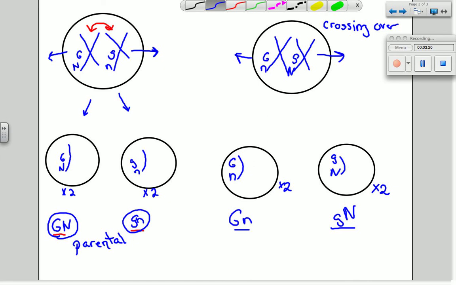Because these gametes reflect that, they're considered the parentals. Now the other 2 gametes, here and here, do not look directly like the original parent. Capital G is paired with lowercase n, which is not found originally in the parent. Lowercase g is paired with capital N, not found on the original parent. Because these are the results of crossing over, these gametes are known as recombinants.